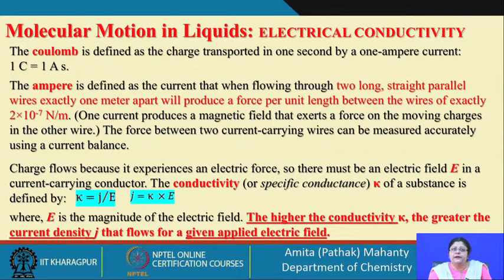If you have two long parallel conducting wires held parallel to each other, 1 ampere is the current that flows through these two wires, separated exactly by 1 meter, and which produces a force per unit length between the wires of exactly 2 into 10 to the power minus 7 newton per meter. This is how the ampere is defined.